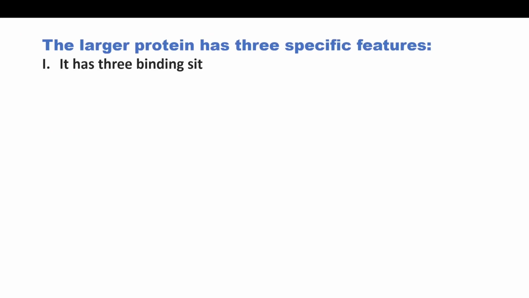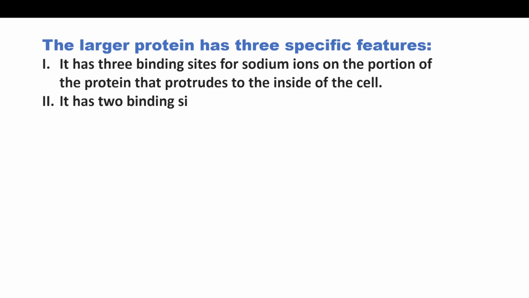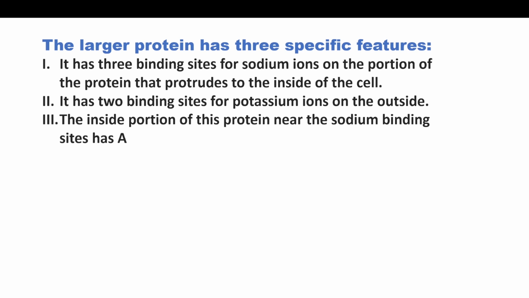The larger protein has three specific features. It has 3 binding sites for sodium ions on the portion of the protein that protrudes to the inside of the cell. It has 2 binding sites for potassium ions on the outside. The inside portion of this protein, near the sodium binding sites, has ATPase activity.